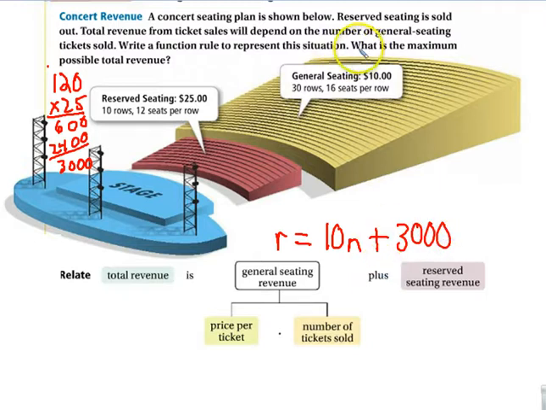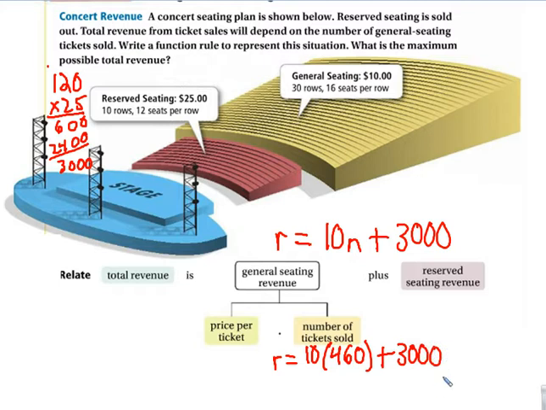Then it asks, what is the maximum possible total revenue? What that means is, what's the largest number of tickets we can sell for general seating? 30 times 16, and 30 times 16 is 480. So we're going to plug that in: 10 times 480 plus 3,000.